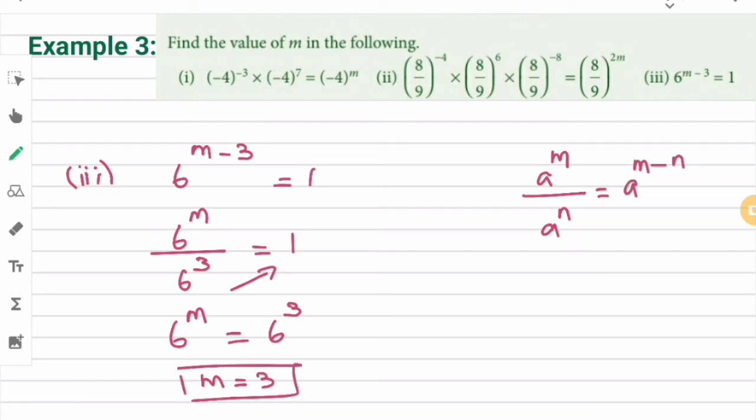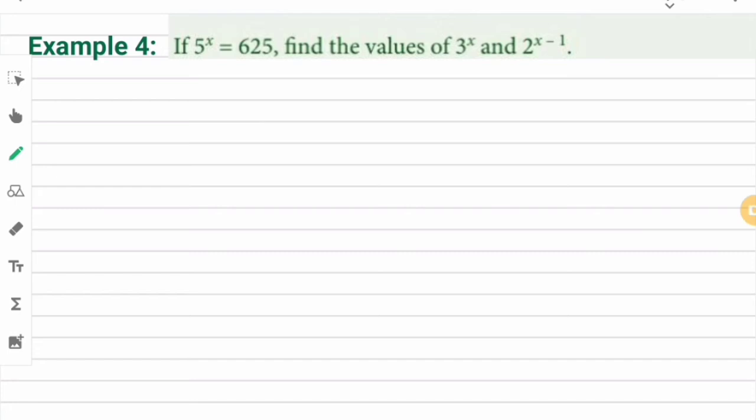Is it easy? And now example 4. Here also you are going to find the value of x. After finding the value of x, you have to find the value of 3 power x and 2 power x minus 1. So the given is 5 power x is equal to 625. The bases are not same, right? So I am going to make the base as a same.